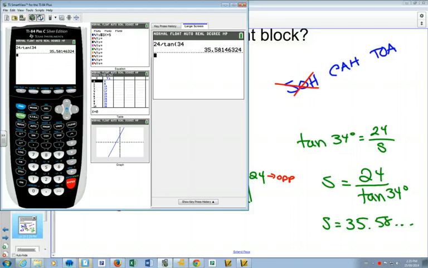Maybe I should write 35.58 and show that I'm not going to round that until the end. Maybe we're going to need to store this. I'm not sure. Right now, anytime I'm unsure if I want to use it later, I'm going to hit the store button. And since we use the letter S, I'm going to hit my alpha button, S. And now S is stored as 35.58.